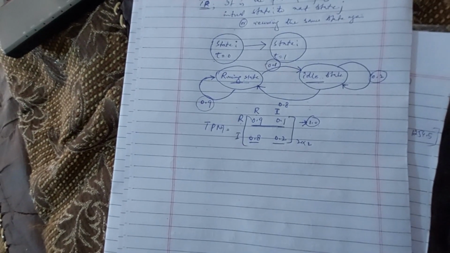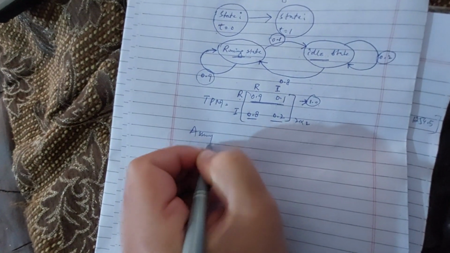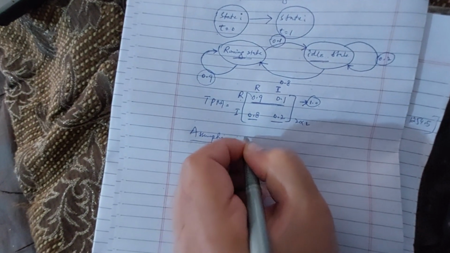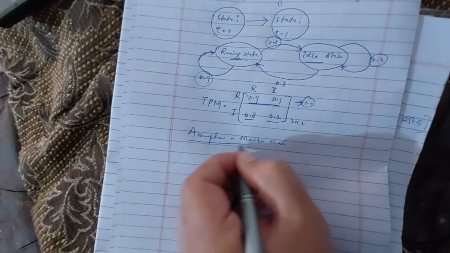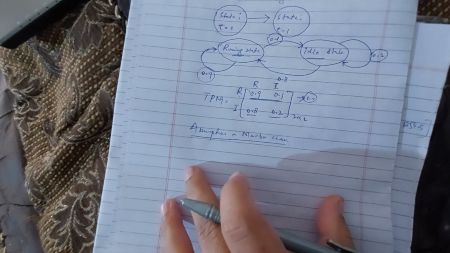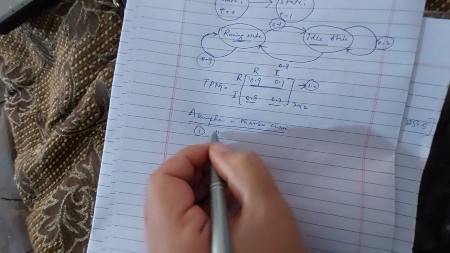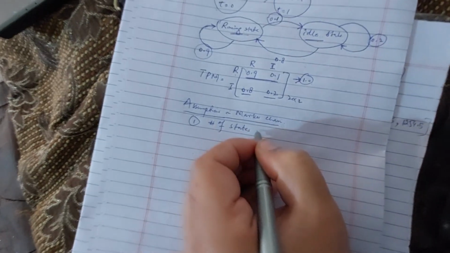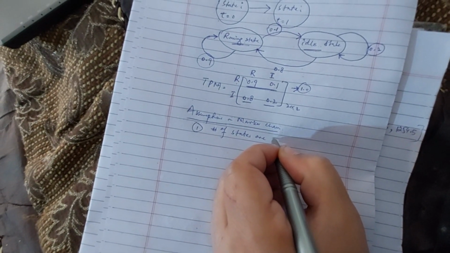Okay, so we have some assumptions that we consider in the Markovian process or Markov chain. The first assumption is that the number of states of a system is finite.